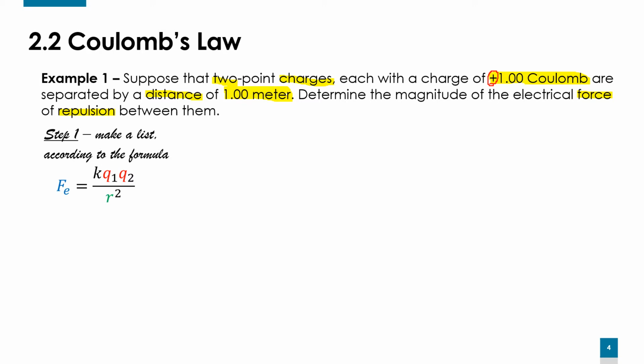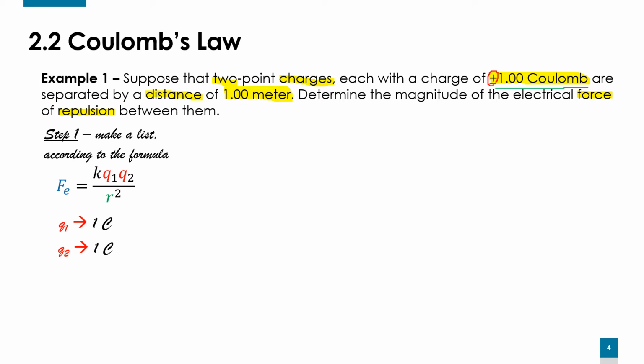So according to this formula, I need to find Fe, K, Q1, Q2, and R. So what do we have? According to my problem here, I have already the charge, and they said both charges are the same. So I have Q1 is 1 coulomb, and Q2 also 1 coulomb because it was told me in the problem.